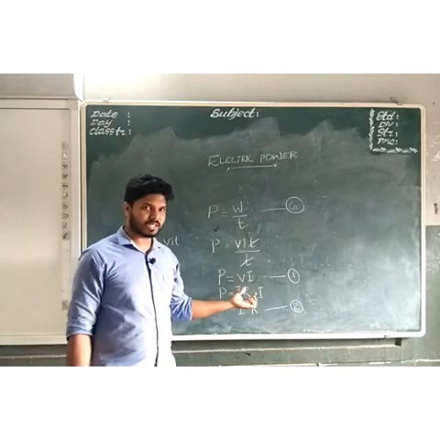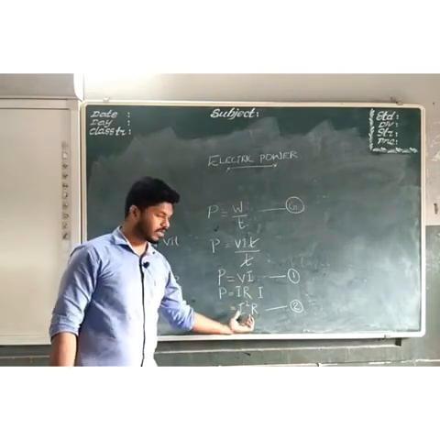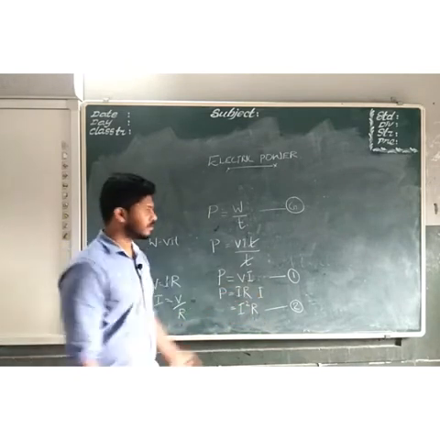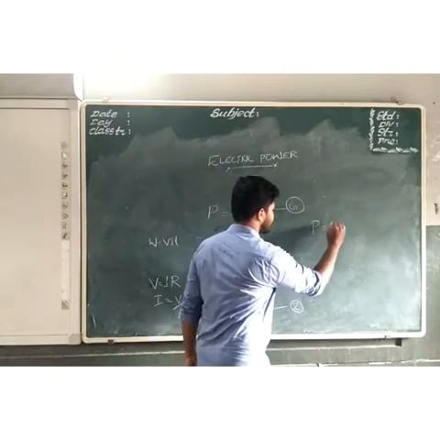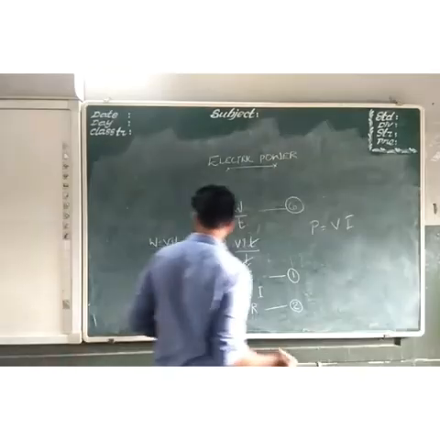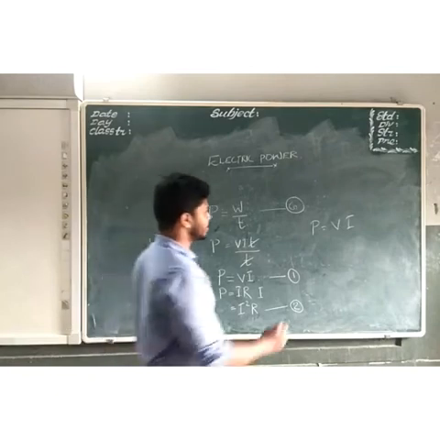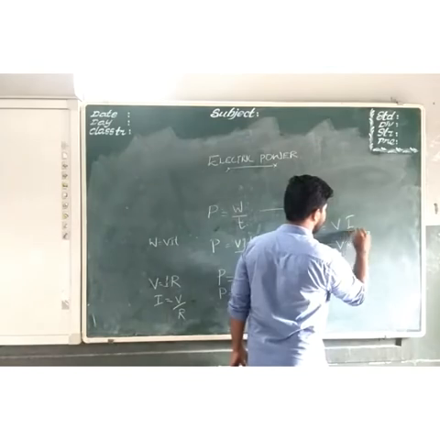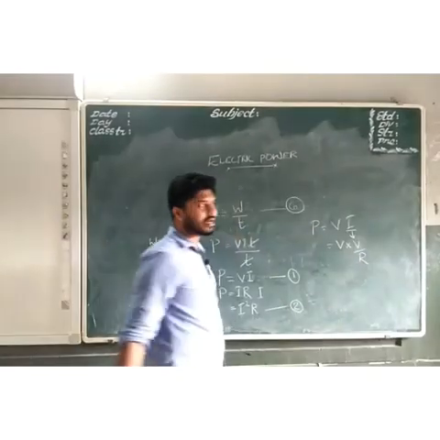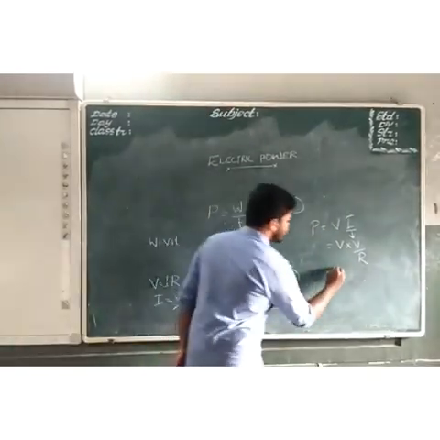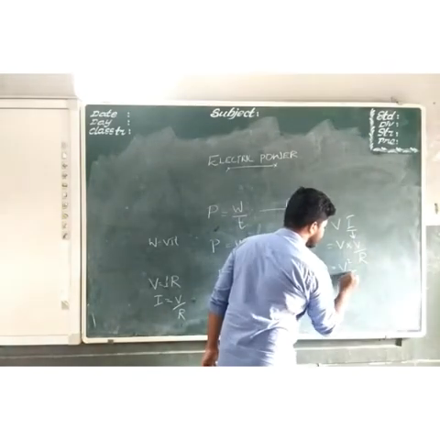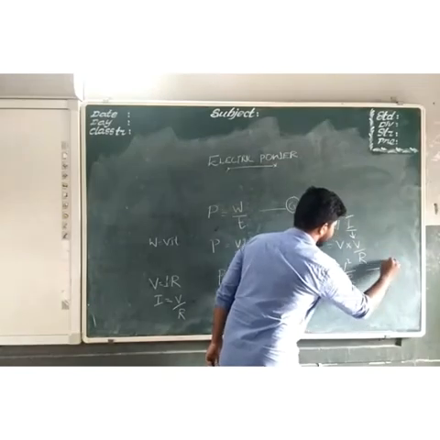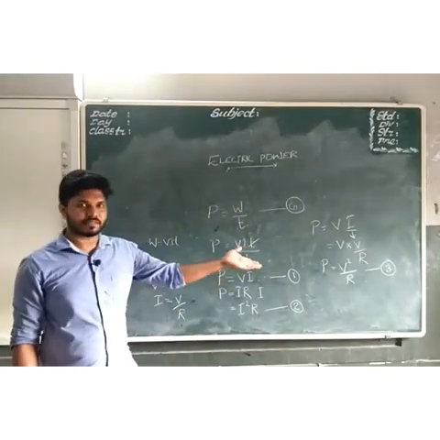So from the first equation, if we substitute for V, we got I square R. Let's check what if we substitute for I. The equation is P equal to V into I. Now substituting I equal to V by R, we get V into V by R. V into V is V square. So the equation becomes P equal to V square by R. That is the third equation.